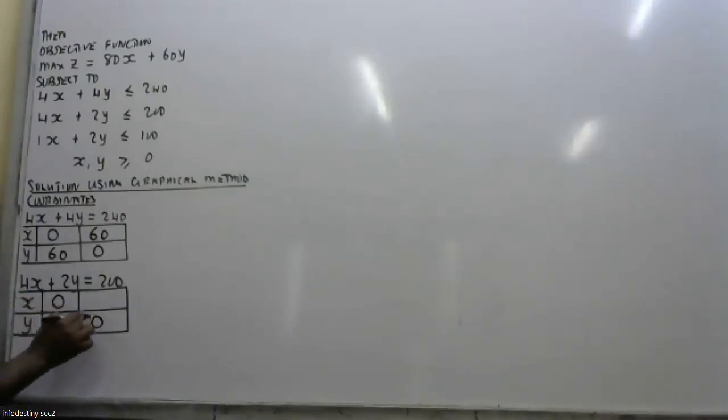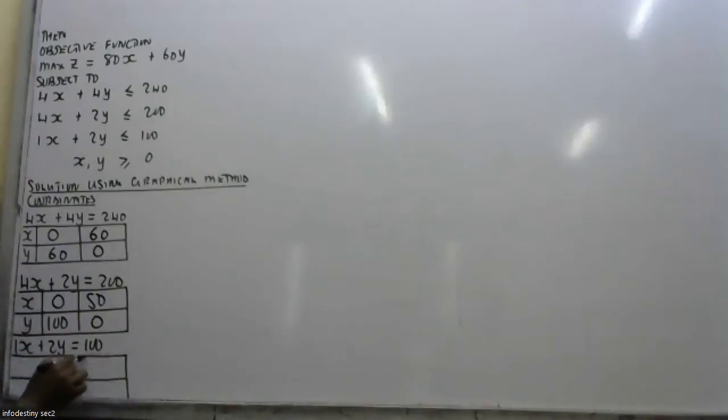And if y is 0, x is what? 50. Then we go to x plus 2y is equal to 100. If x is 0, y is 50, and if y is 0, x must be 100.